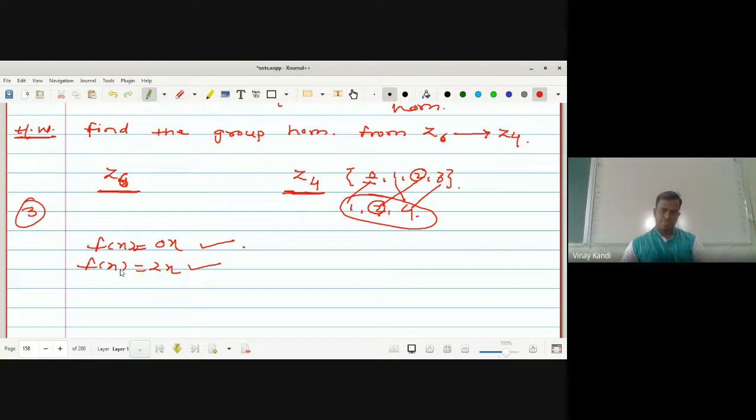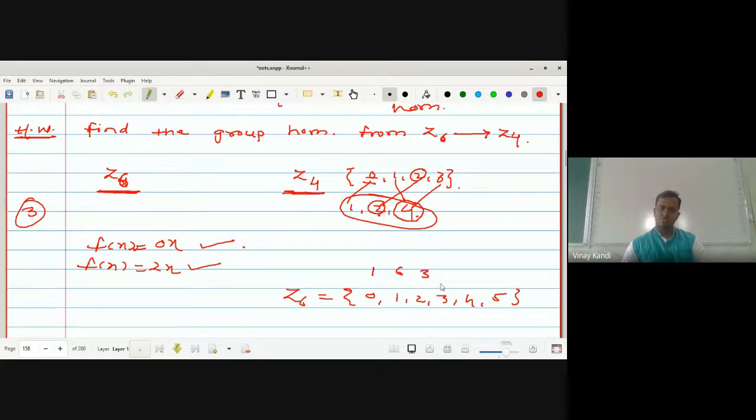Okay? Any doubt? Now, does an element of order 4 exist in Z6? First, Z6 is 0, 1, 2, 3, 4 and 5. What is the order of 0? 1. The order of 1 is 6.